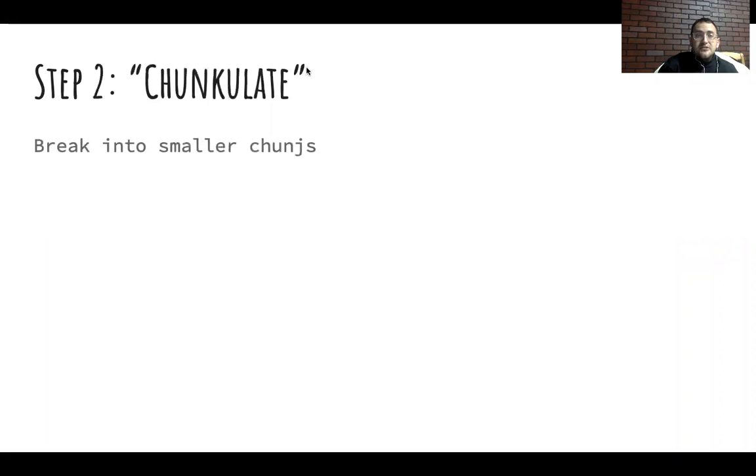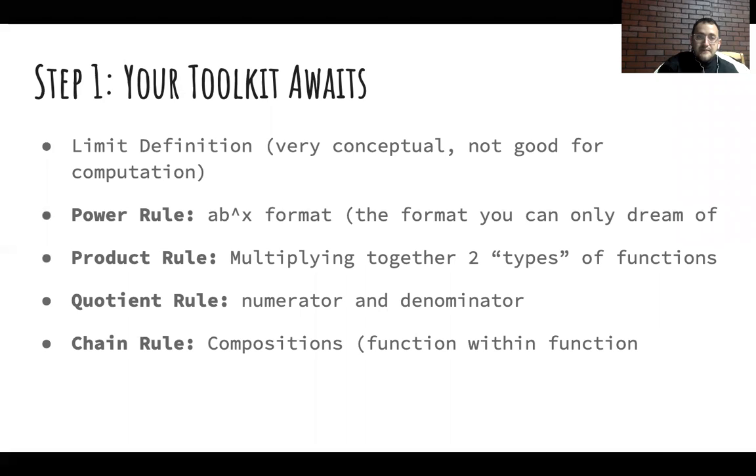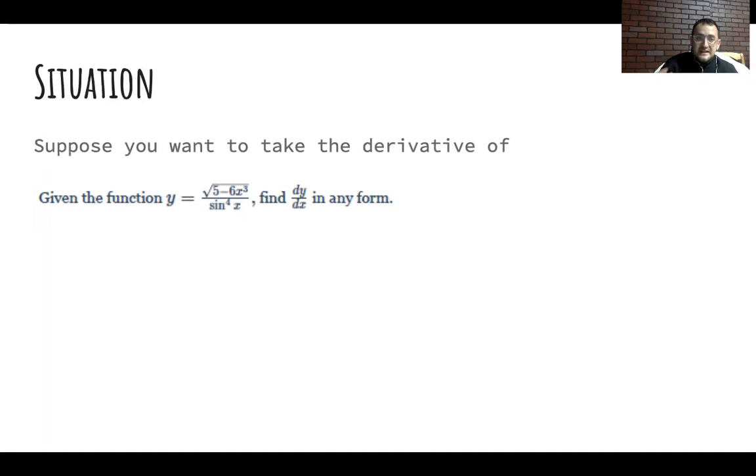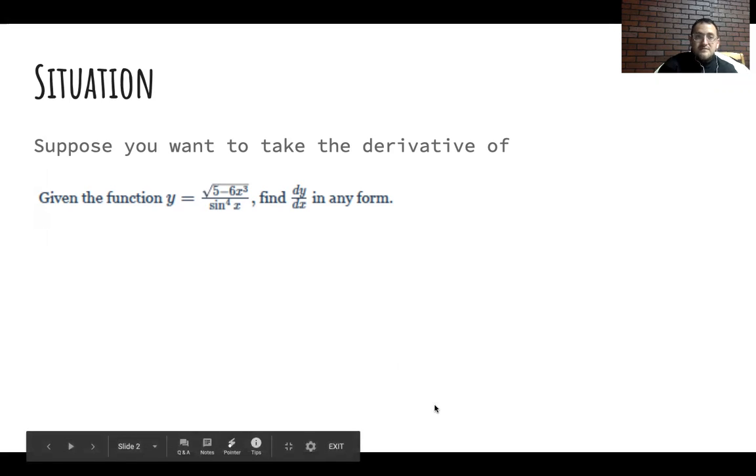All right, step two, chunkulate. This is breaking into smaller chunks. So what I mean by that is, we have this situation. So suppose we want to take the derivative. We want to make sure that we are chunking this derivative. So we want to write our f and our g in this case, so we can clearly see that it's in quotient rule form.